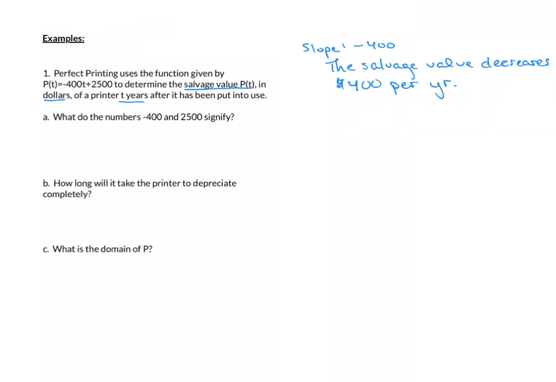What about the 2500? This is my P-intercept. So the initial value of the printer was $2,500.